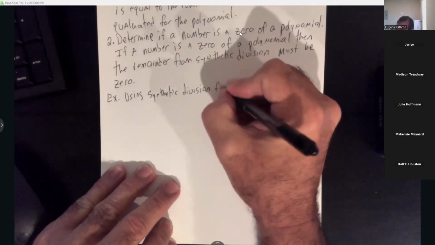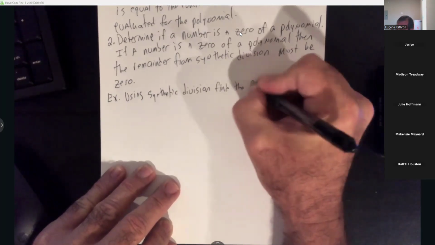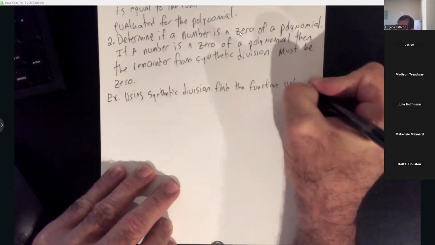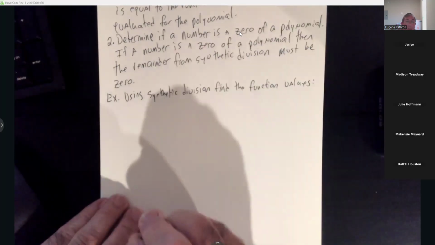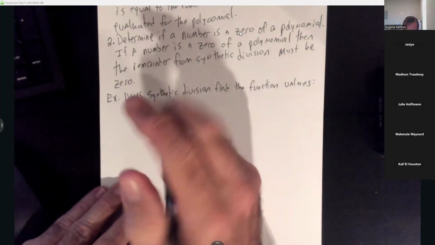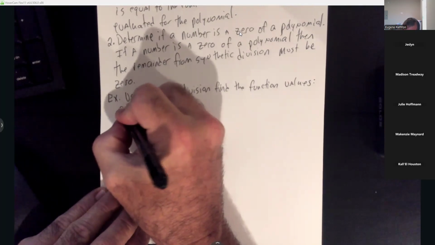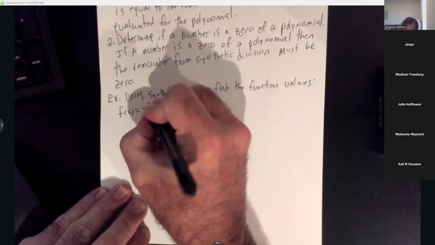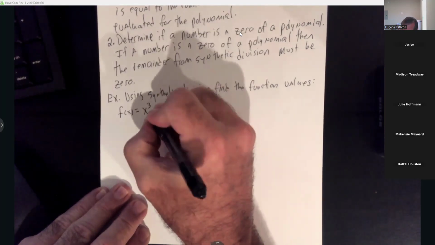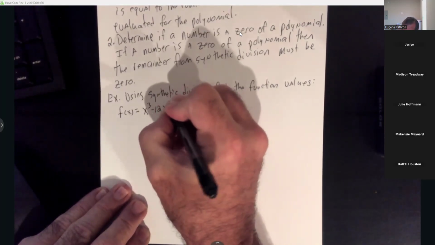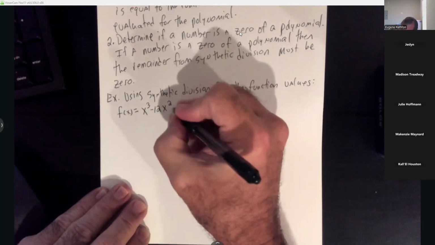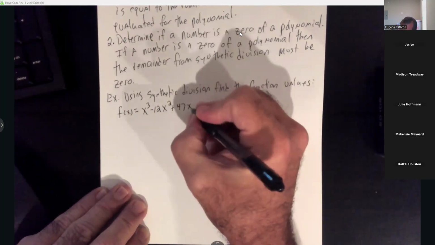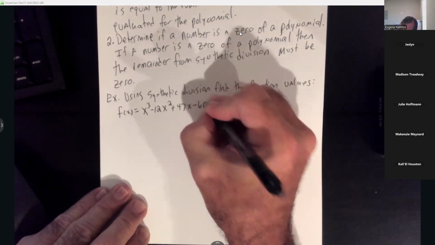Okay, so they're giving us f of x equals x cubed minus 12x squared plus 47x minus 60.